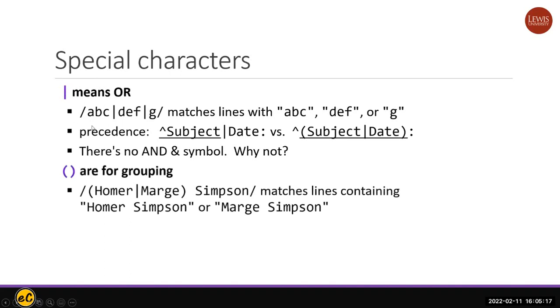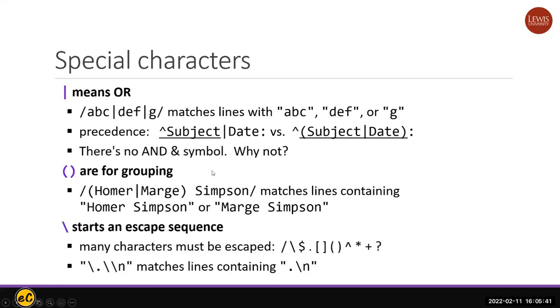A bar means or. Or means optional, and you have concatenation. Parenthesis means grouping. So Homer or Marge Simpson means Homer Simpson or Marge Simpson. This is grouping.